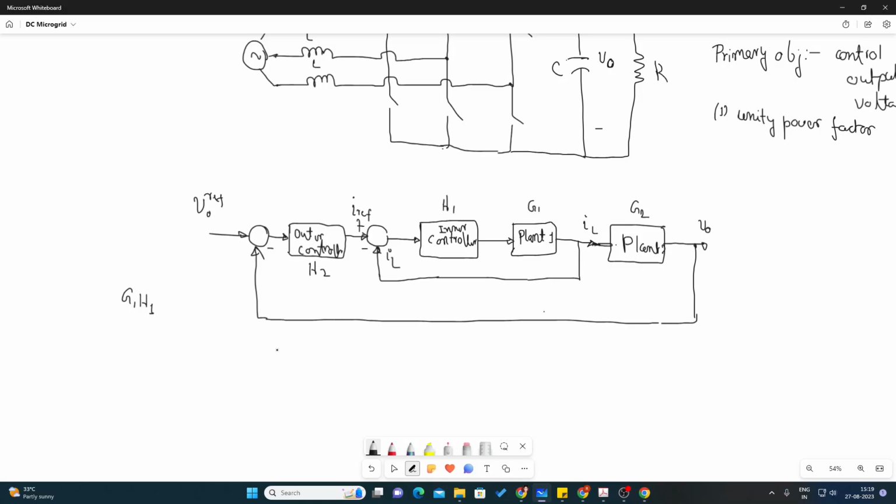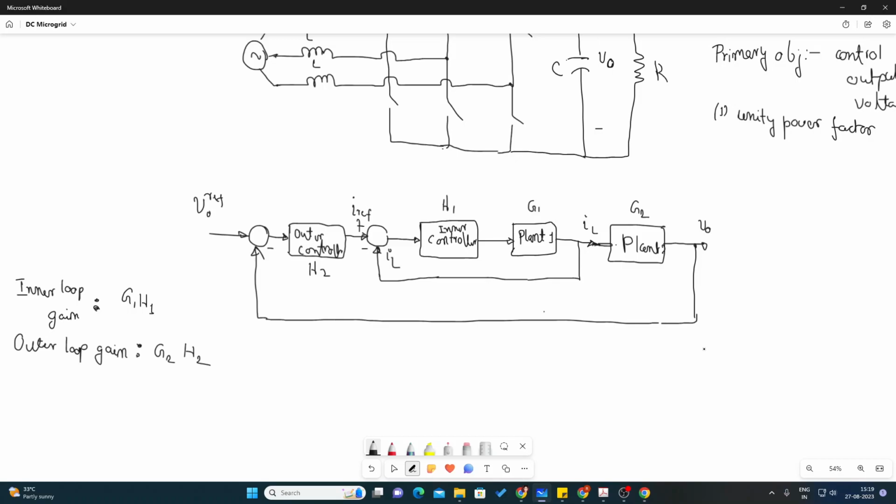So then what we can write is, the inner loop gain is this, and the outer loop gain can be considered to be G2 into H2 if it is unity.